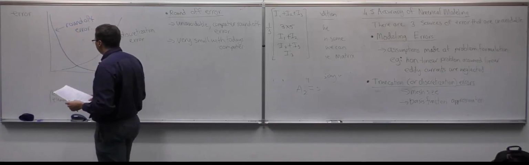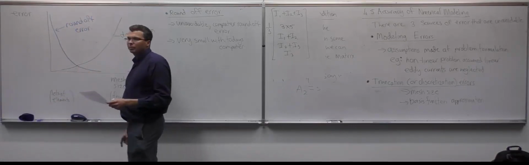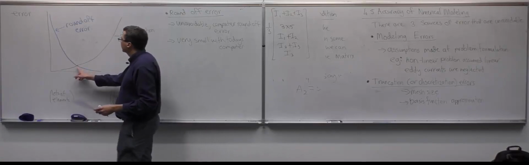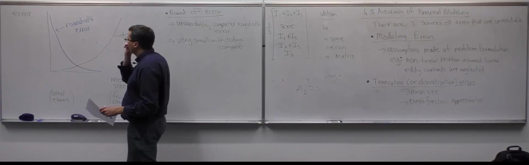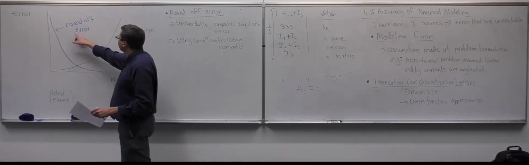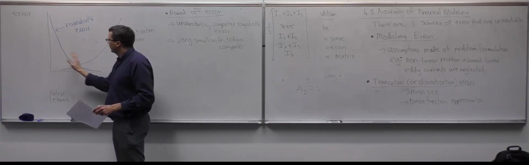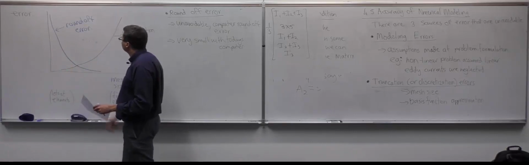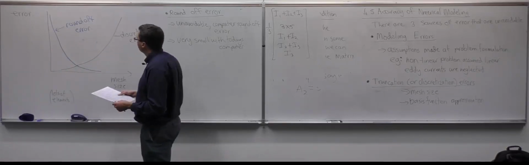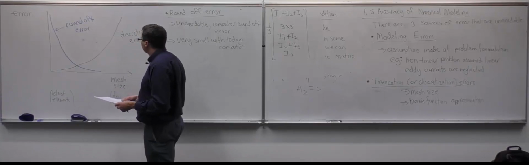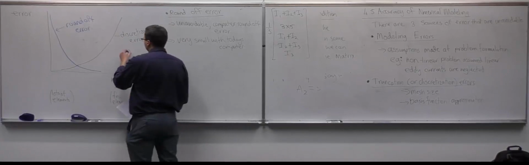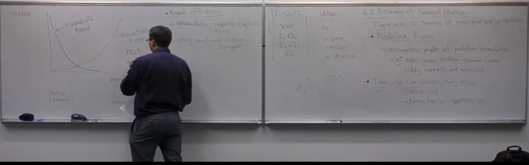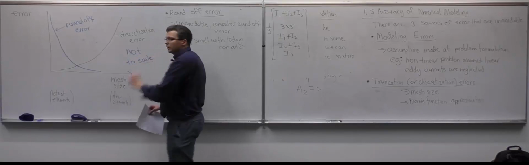So there'd be some minimum error point. But this is not to scale. So now with computers having much higher precision, the round-off error is reduced. But it's a nice picture showing the trade-offs. Okay? All right, not to scale. Okay, I'll stop there.